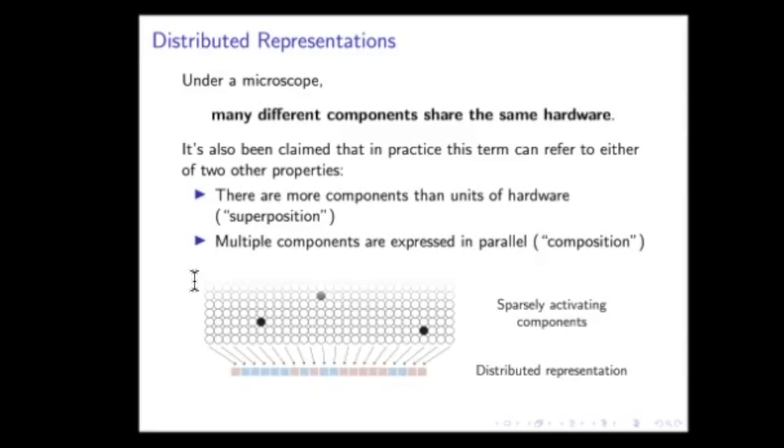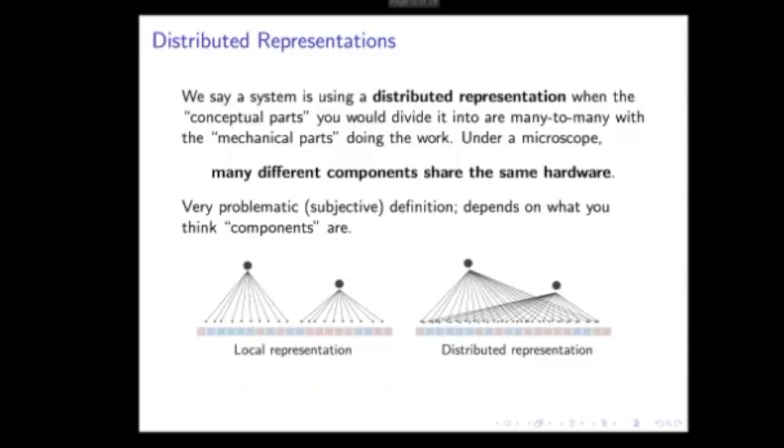Is the disagreement here what components means? Yeah, I guess the disagreement here is what the hardware is. They're thinking of directions as the hardware, and I'm thinking the hardware is really the neurons or something. Right. Yeah.